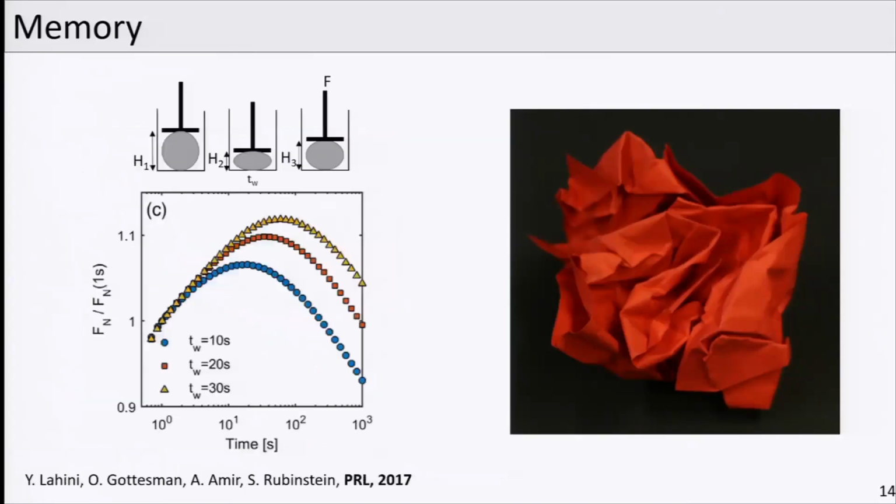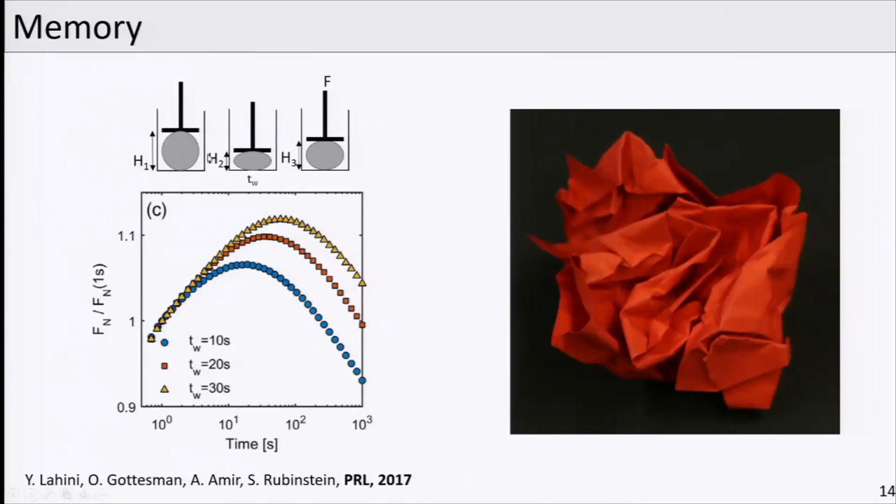Another one, for which I won't go into any details, was found a bit later in Shmuel Rubinstein's team by Joachim Laini. It is a memory that is linked to relaxation. The relaxation of a crumple is not monotonic, and what they found is that the relaxation depends on history. You take your crumple, your paper, you compress it for a certain time, then you relax this compression a bit, and you measure the relaxation force.